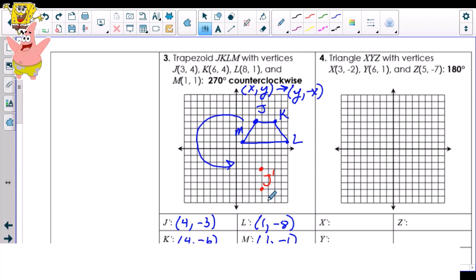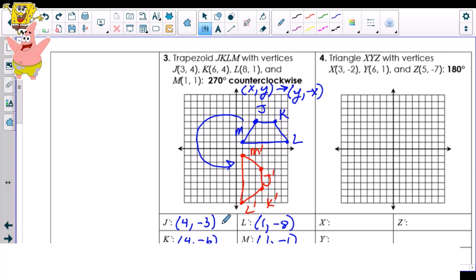So that's K prime down there. And then we have L prime, which is at 1, negative 8, which is way down there. So that's L prime. And then M prime is 1, negative 1. So there is your M prime. So this is that same trapezoid. It's just been turned. It's been rotated to look like that.